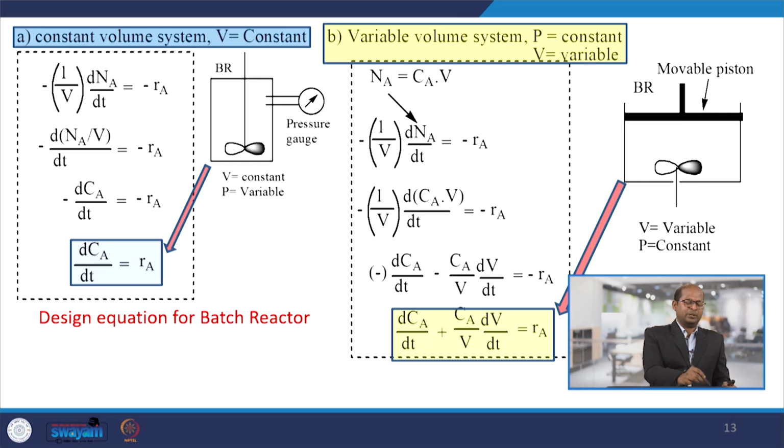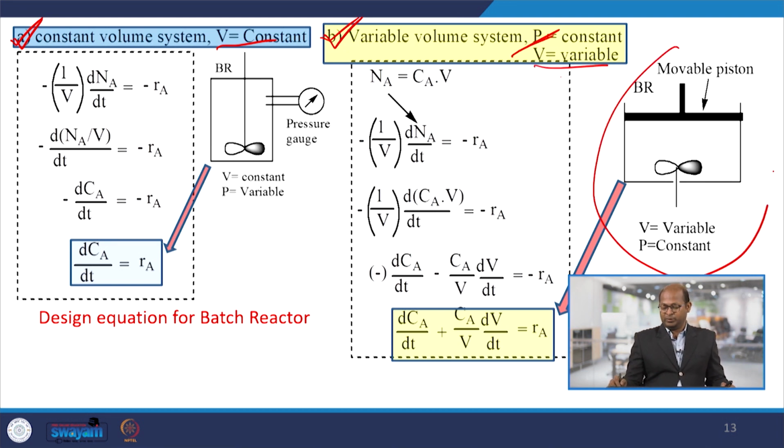For batch reactors there are two types: constant volume batch reactors, which you have already studied in your UG course, and variable volume batch reactors. Either way we can use them; in one the volume is constant, and in the other the volume is variable.